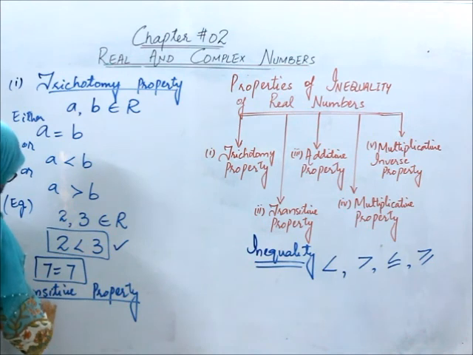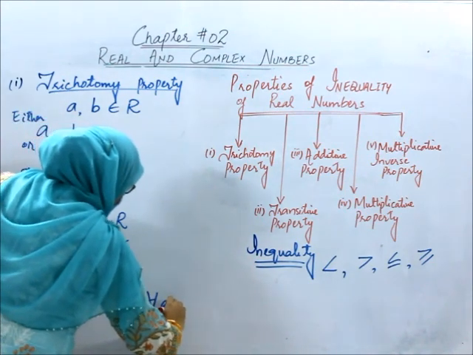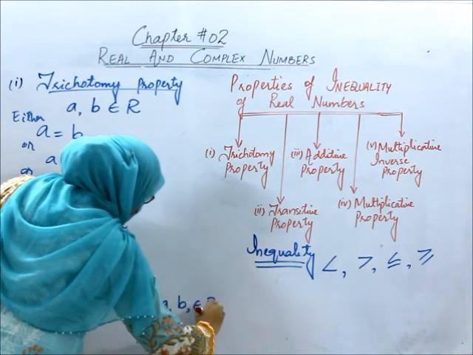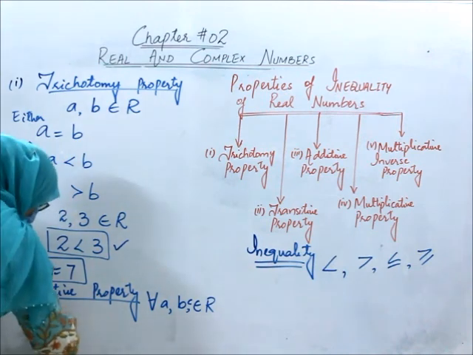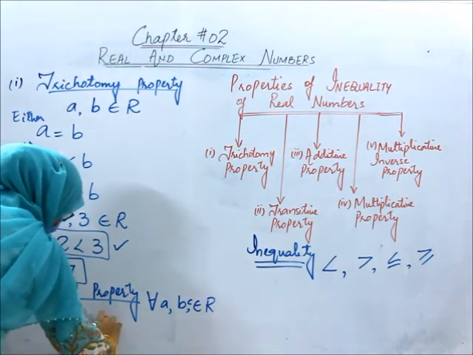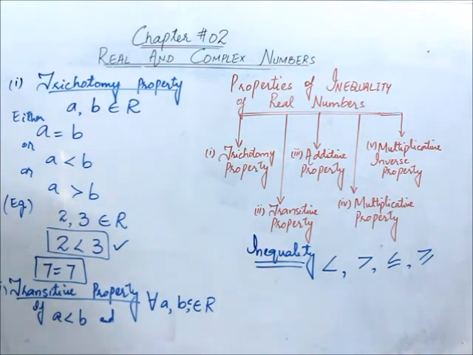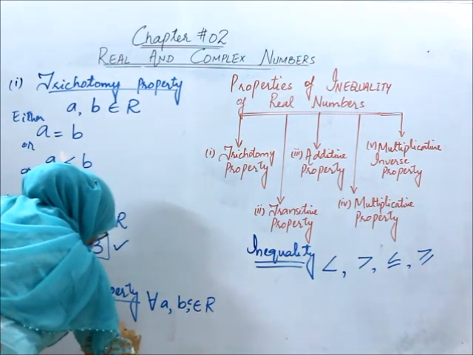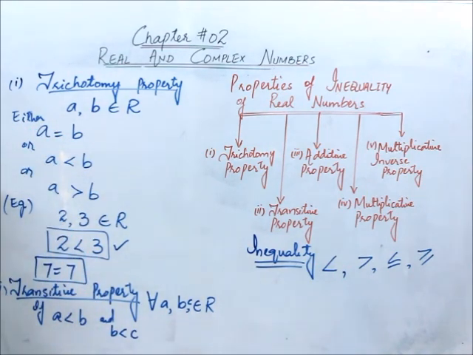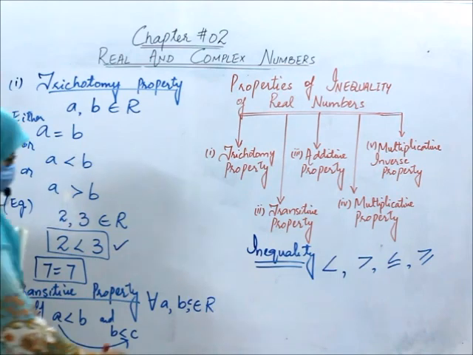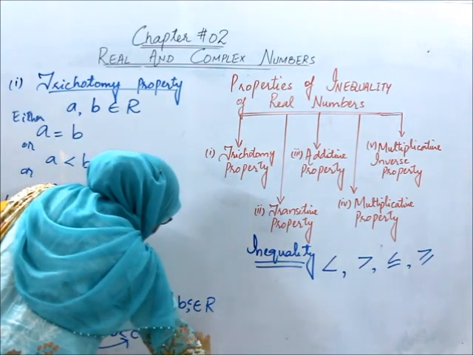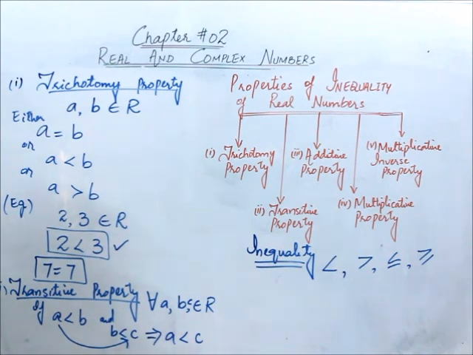If we have three real numbers a, b, c which belong to the set of real numbers, this property says if a is less than b and b is less than c, then a would be less than c as well. If a is less than b and b is further less than c, then we can say a is less than c. This is the transitive property of the inequality of real numbers.